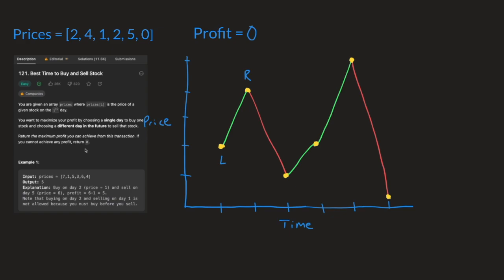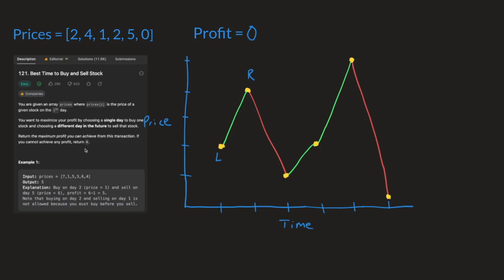On each iteration, we want to do 2 checks. We want to check if the right pointer is less than the left pointer, not the indices of them, but instead the value. So is the value of the right less than the value of the left? In this case, it is not, so we don't do anything.